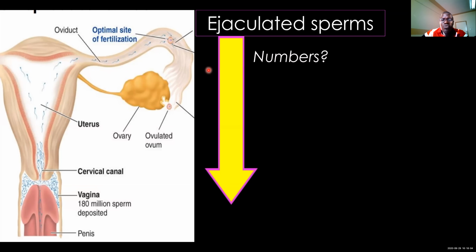Each ml of the ejaculate contains about 50 to 100 million sperms. So if you do your mathematics right, then you'll realize that a single ejaculate has about maybe 300 to 500 million sperms.